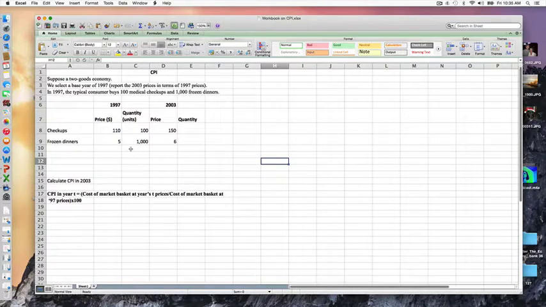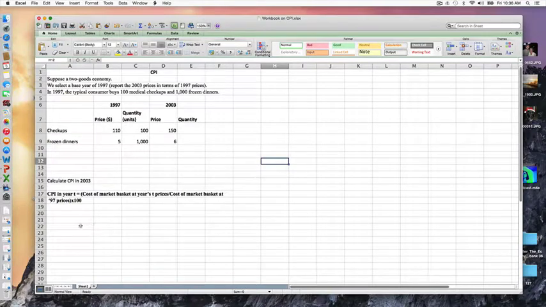And then he also purchases 1,000 frozen dinners for $5 per unit. And then for 2003, the later year, we have a change in prices from 110 to 150 for the first good and from 5 to 6 for the second good. So you are asked to calculate the consumer price index in the later year, 2003.